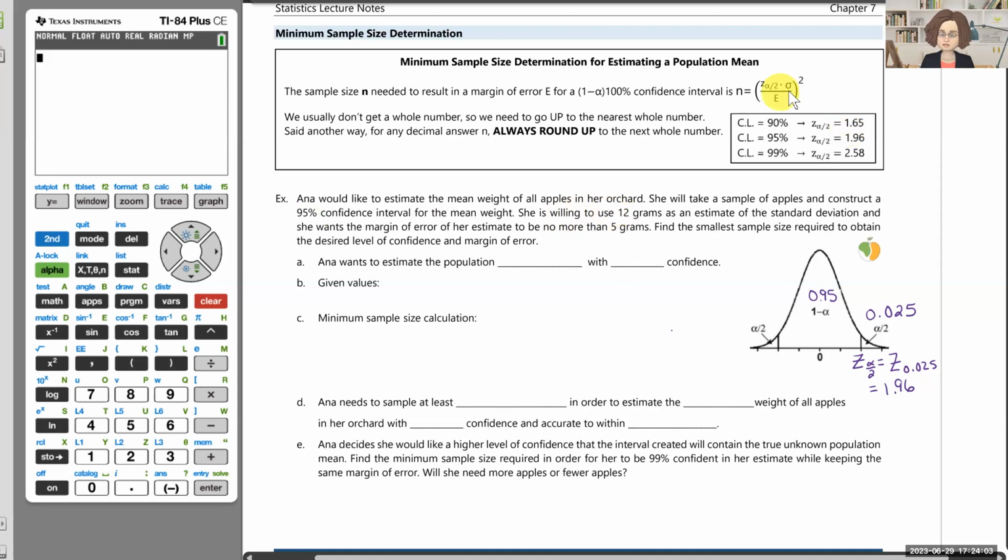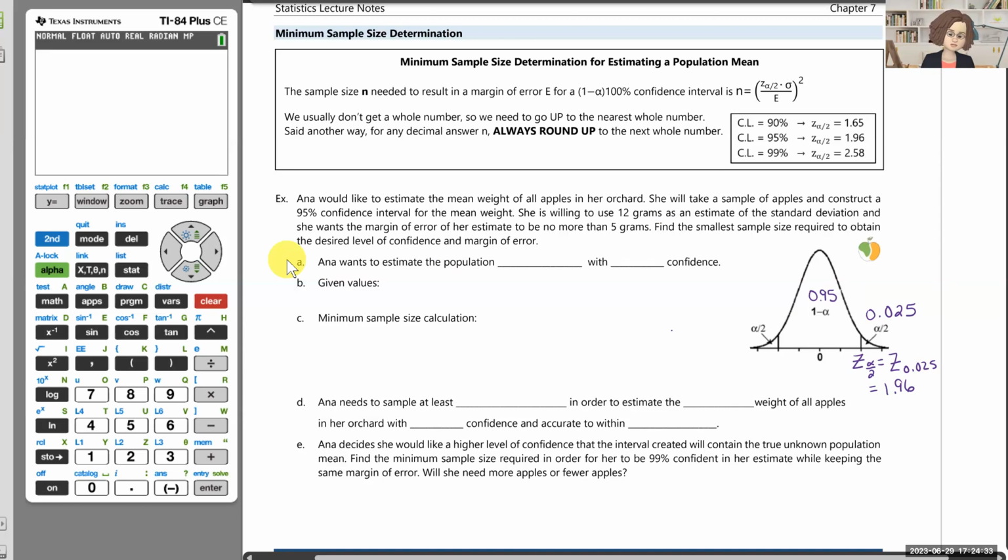So in the formula, we're going to need something for sigma, and she's willing to use 12 grams for that. And she wants her margin of error for her estimate to be no more than 5 grams. So she wants to be accurate when she's done for the weight of her apples to be accurate to within plus or minus 5 grams.